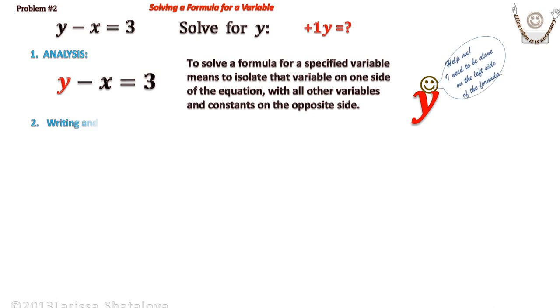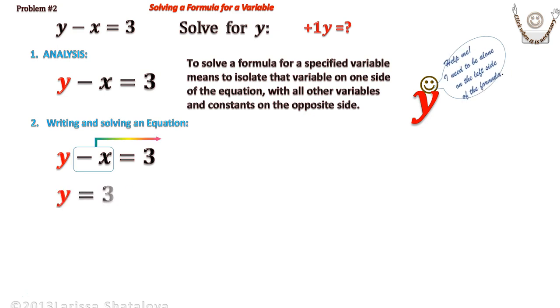Now step number 2, writing and solving an equation. In order to get y on the left, we have to move -x from the left to the right, but don't forget to change sign. So now we have y = 3 + x, and checking. Checking is not necessary, but let's do it.